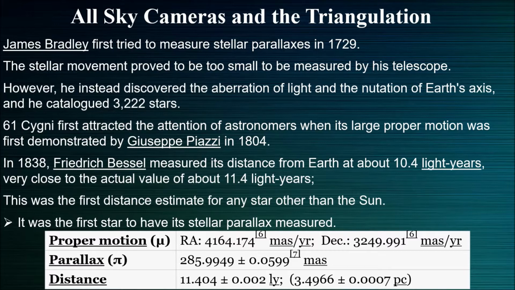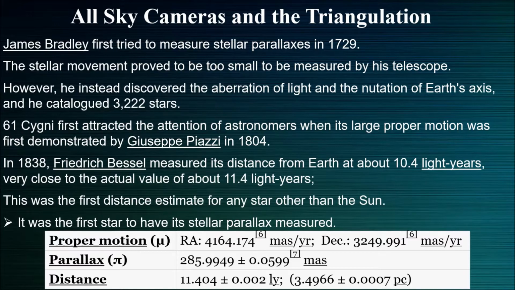At that time, nobody had any real idea of how far stars were from us. The distance scale of our own galaxy and the universe was completely unknown, and it was essentially the argument of the day.